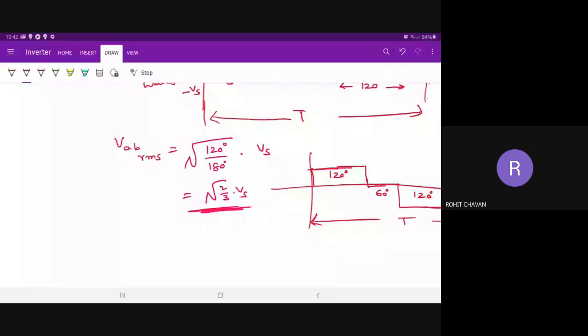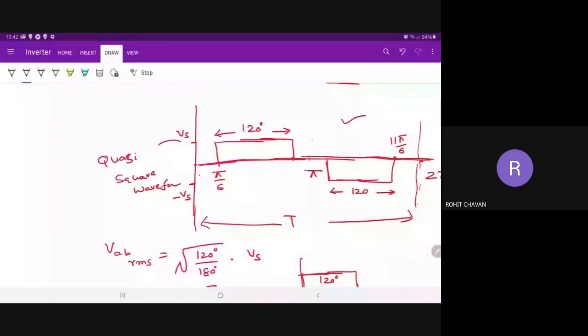I will consider VAB of t. Already we did this, right? It is a naught by 2 plus sigma n equal to 1 to infinity of an and so on. In the previous class we discussed that if you take this one as the reference, all the an terms will be 0 and only the bn terms will be present.